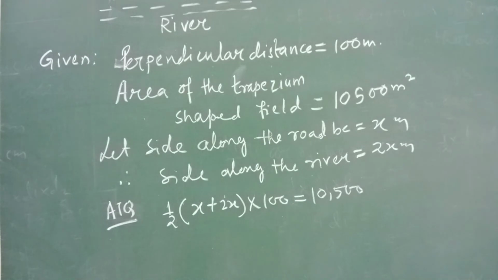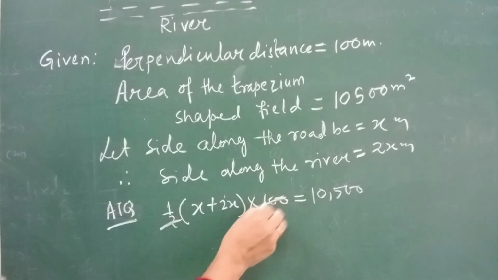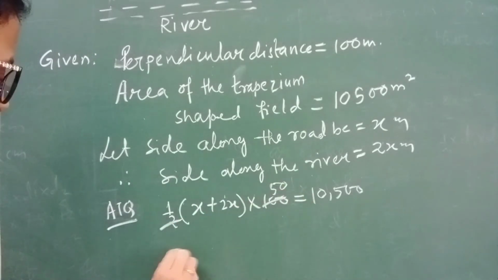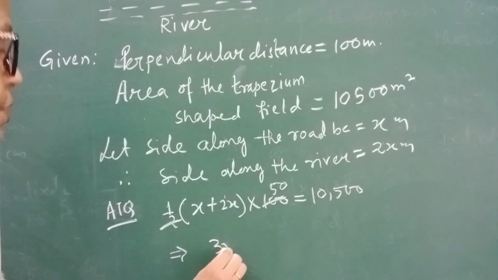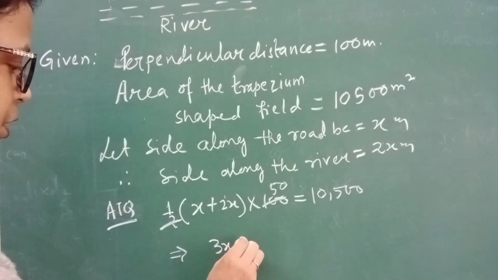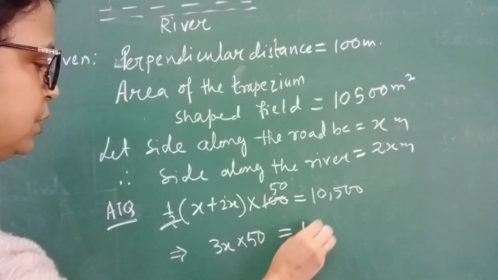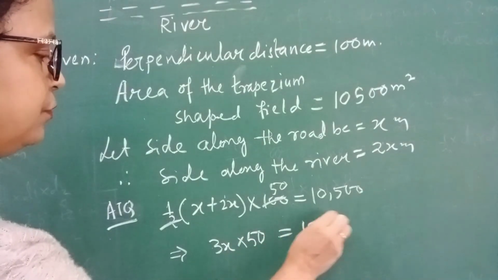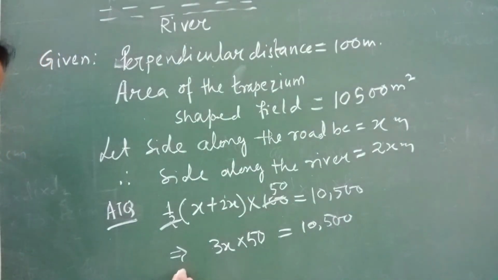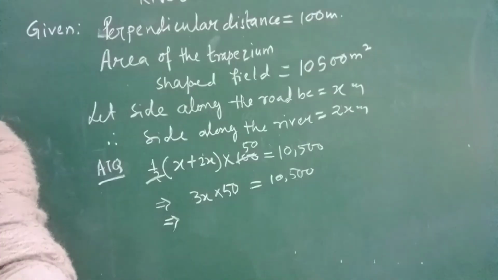Now if we cancel, we get 50, so 3x into 50 is equal to 10,500. We need to find the value of x.